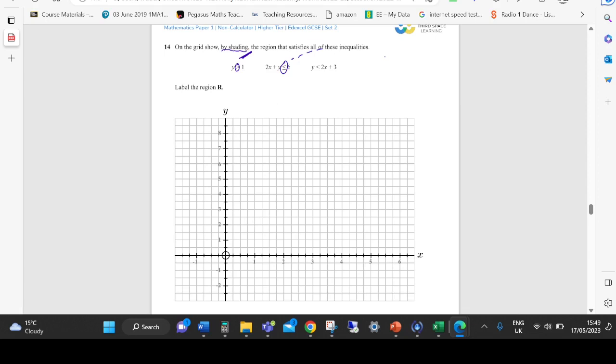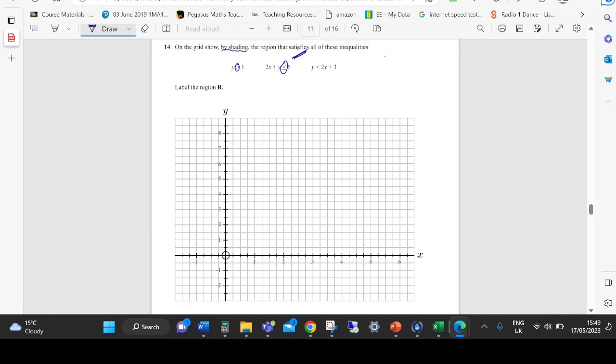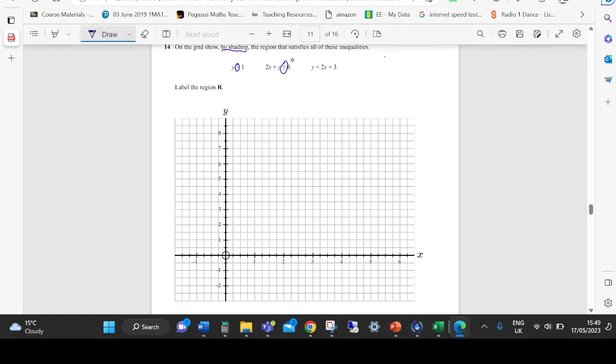And I've done that the wrong way around. That should be dashed and that should be full. Again, I've done that twice. I was right the first time. Dashed, full.